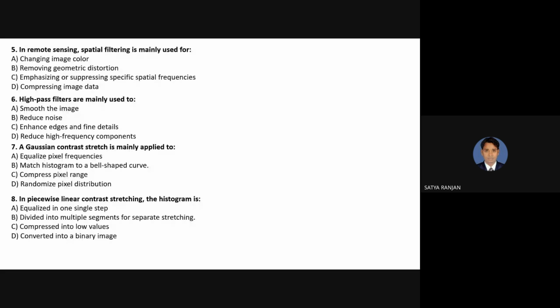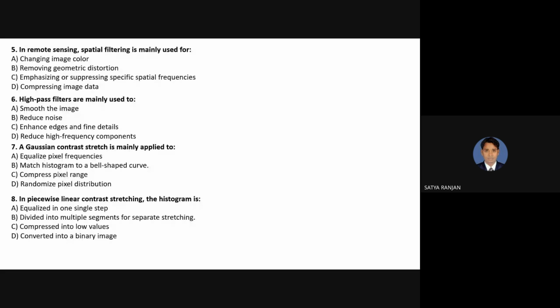So generally we just discussed that smoothing of the image is based on the low pass filter. So a low pass filter gives the smoothing image, and noise removal is not related to this. So enhance the edges and fine details. This can enhance edges so that we can take the different boundary information.